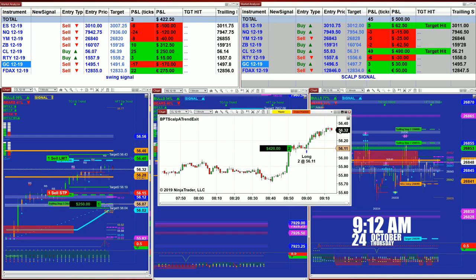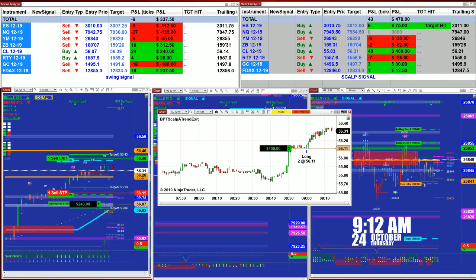On the CL swing trading, we started around 8 o'clock, and the first trade on the CL is around 9, and also this is a really mixed market.